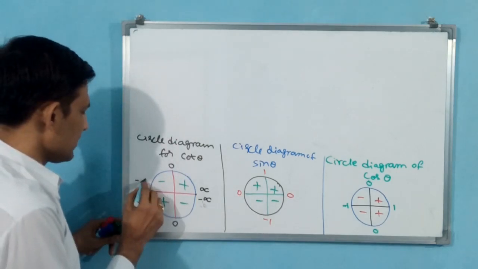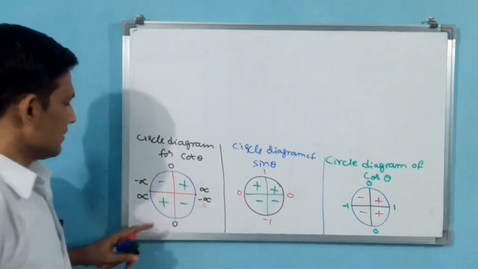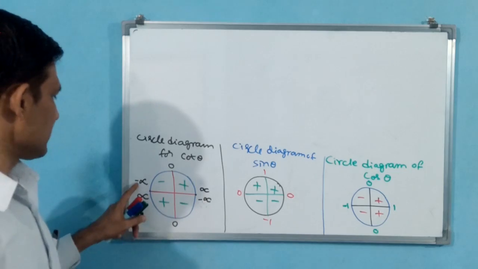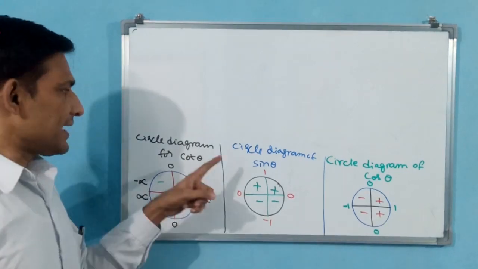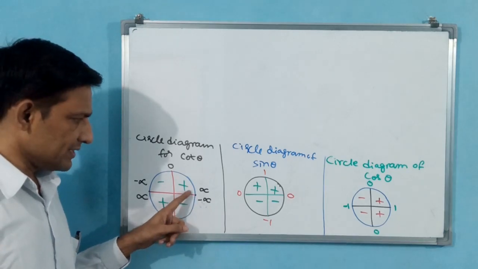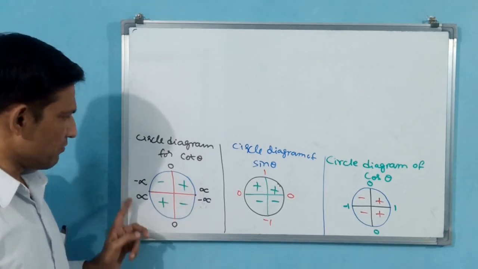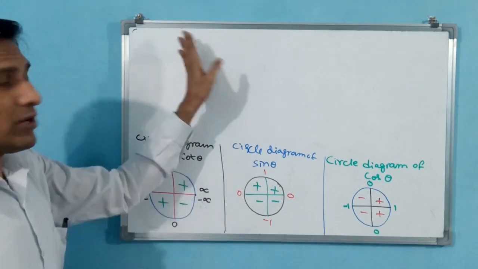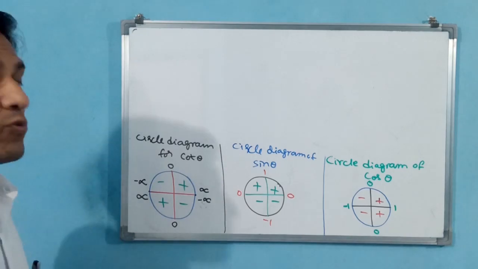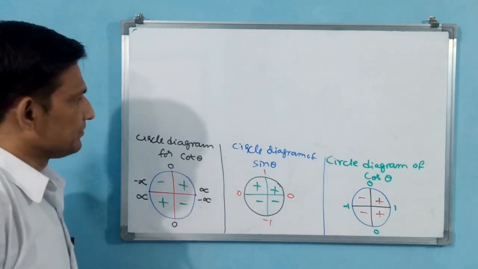Minus infinity, plus infinity. Like tan theta, for cot theta also we have to take plus infinity and minus infinity according to this symbol: plus side plus infinity, minus side minus infinity, both sides. Now let us draw the graph of cot theta.